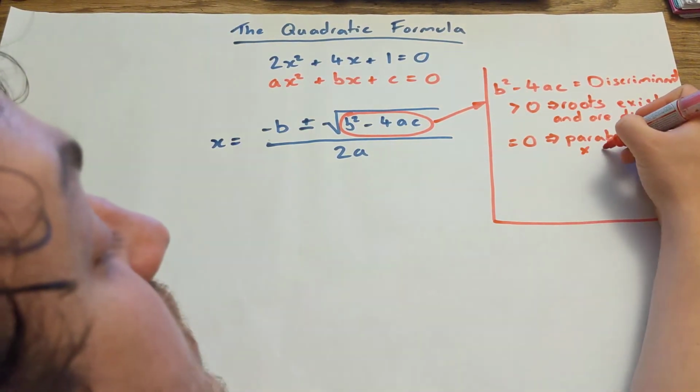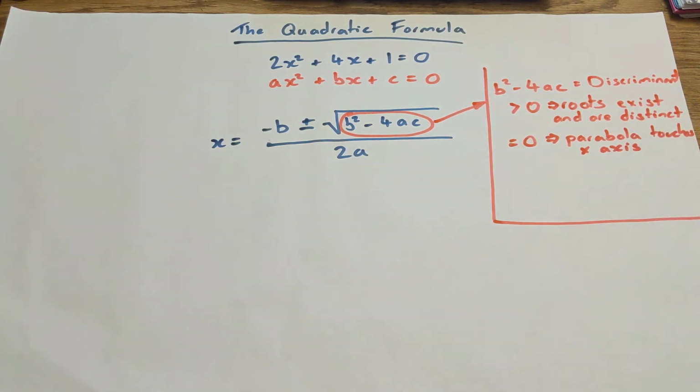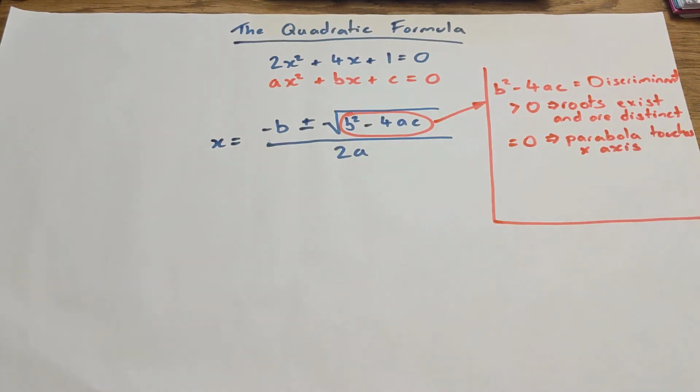Parabola touches x-axis. So there's only one root, because it's only touching the x-axis in one place, so the bottom of a smile, or the top of a sad face, is on the x-axis.